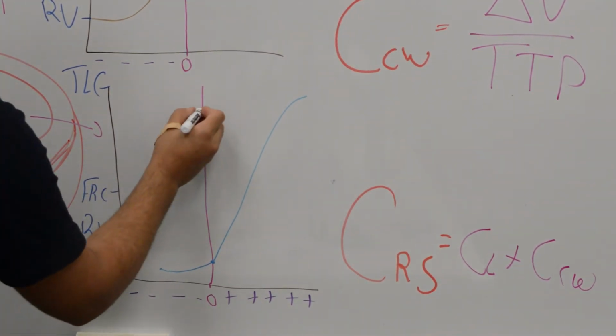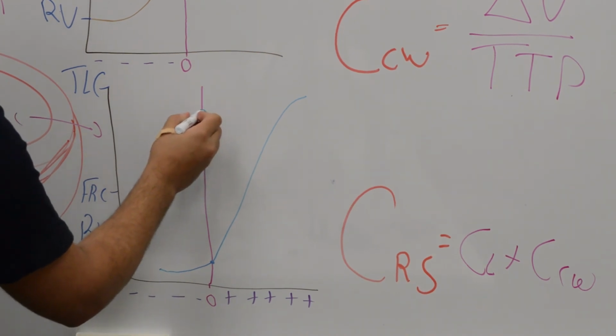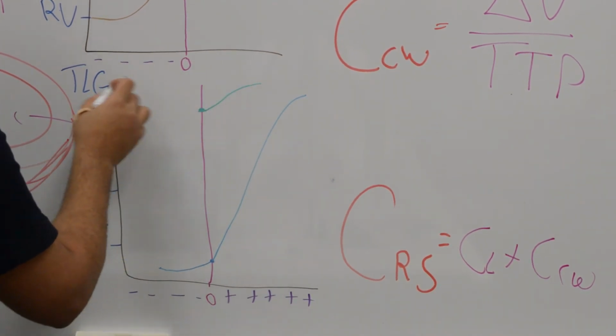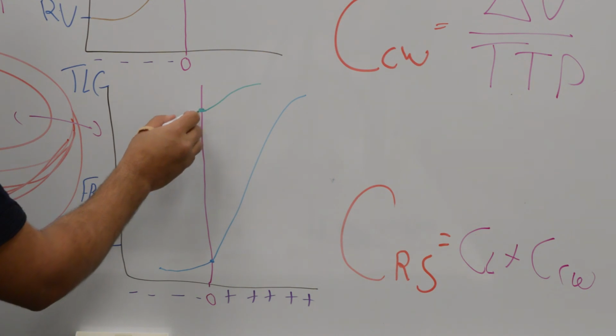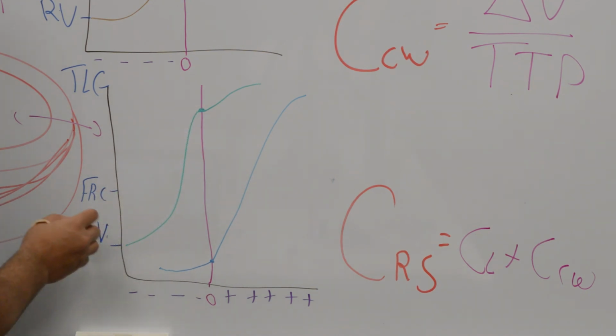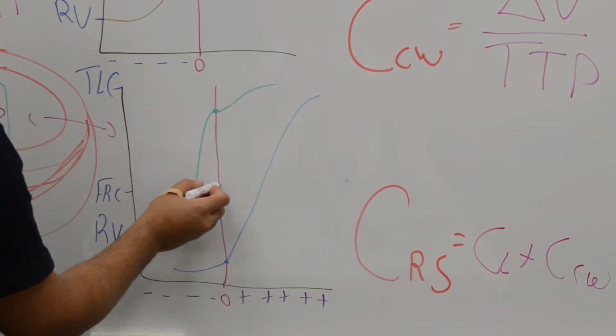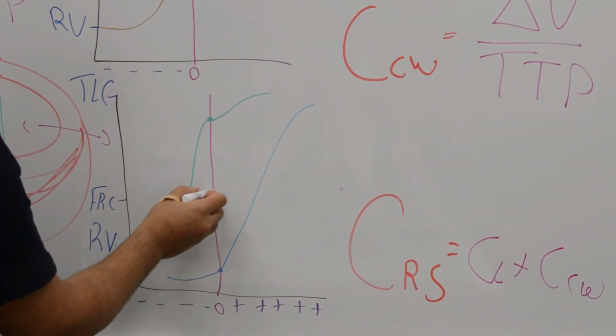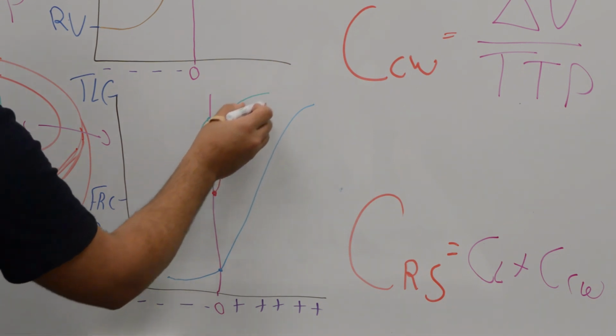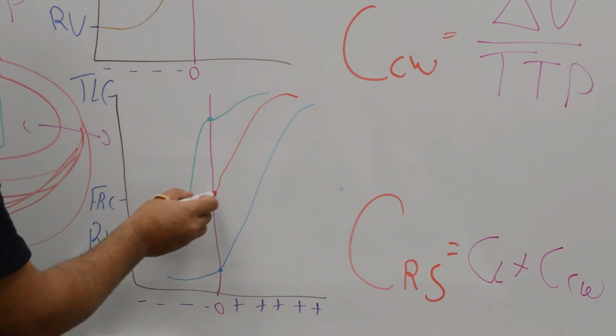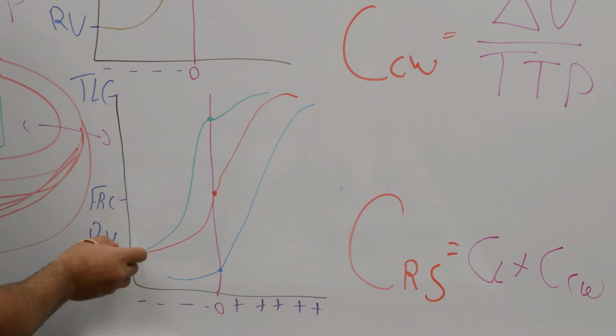As we said, if you do inspiration, it will go as far as the total lung capacity, and if you do expiration, it will go just until the residual volume. Now in red, adding both of them, it will be around the middle. So if you do inspiration, it will reach the total lung capacity. Expiration, it will go just to the residual volume.